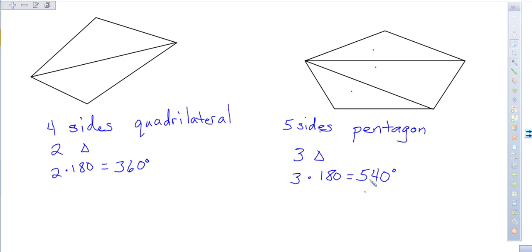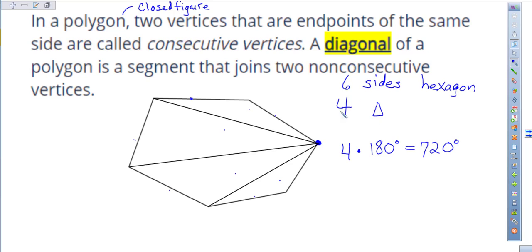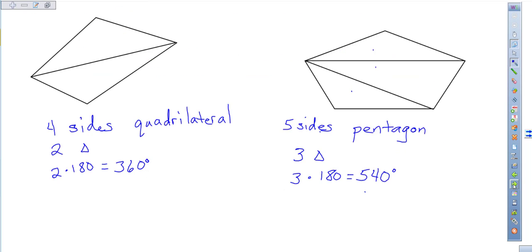So, like I said, we might have started to notice there's some kind of pattern here, depending on how many sides our polygon has. When it had 5 sides, we could get 3 triangles. When we had 4 sides, it gave us 2 triangles. And if we look back, when we had 6 sides, I had 4 triangles. So we can use a little equation for this instead of having to do the work every single time.